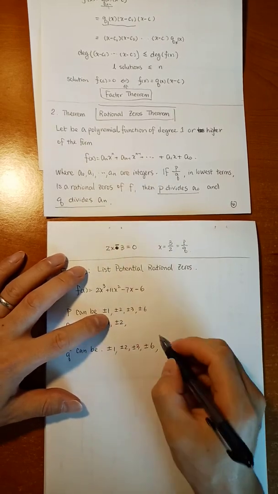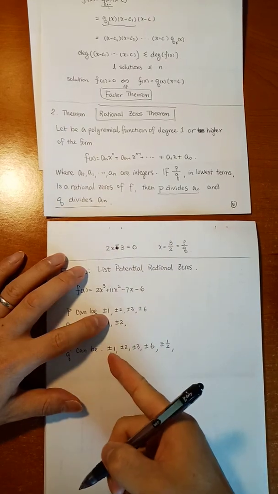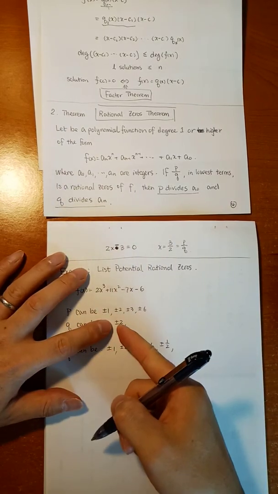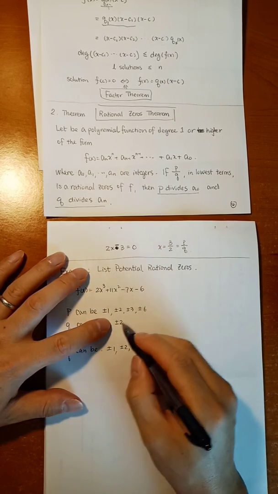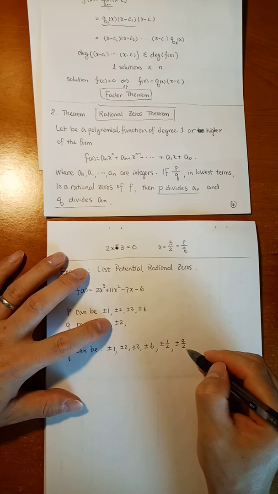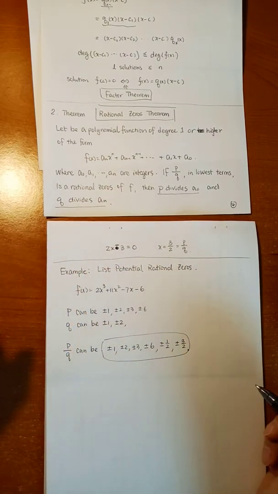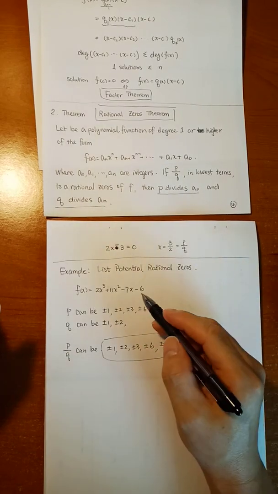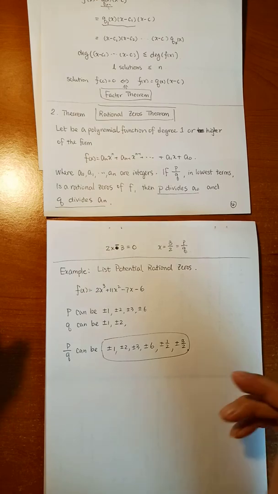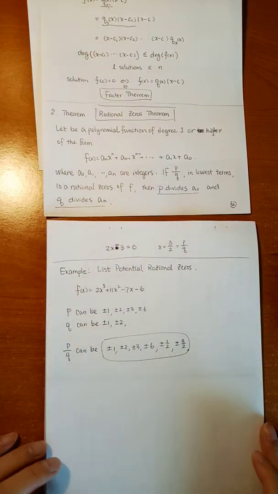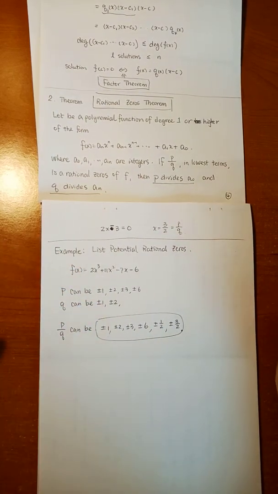And then 1 over 2, plus or minus 1 half. 2 over 2 is 1, which is repeated, so you don't copy it. 3 over 2 is plus or minus 3 halves. 6 over 2 is plus or minus 3, which is repeated. So this is a potential list of the rational zeros. If the function has a rational zero, it has to be one of them. So you see, we narrow down the range of our rational zeros to this selection.